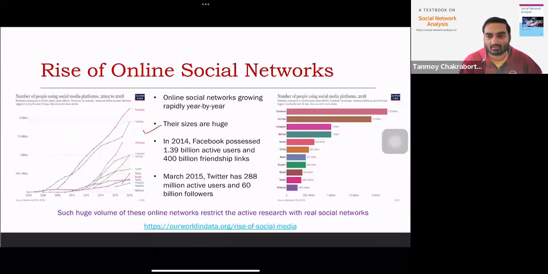Not only that, if you look at the number of people accessing social networks every day, for example, in 2015, Twitter had around 288 million active users and 60 billion followers, and this has grown a lot after 2015.